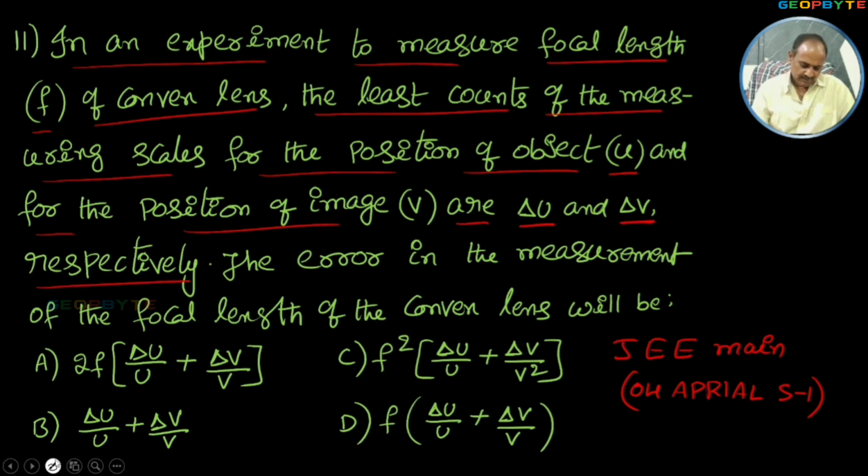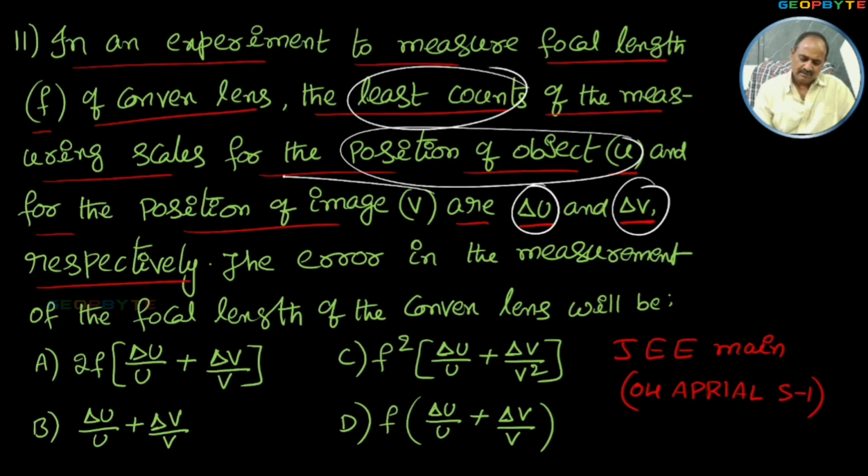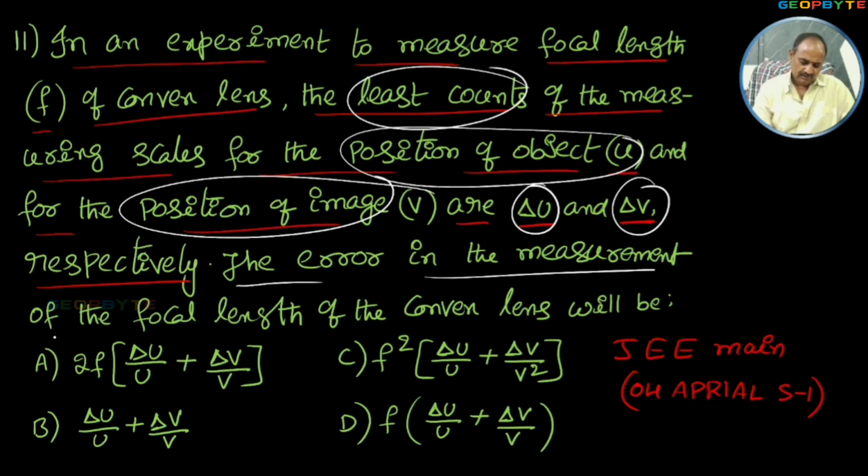It means delta u is the least count of the object position, whereas delta v is the least count of the image position. The error in the measurement of the focal length of the convex lens will be... indirectly you're asked to decide what is the least count of the focal length.